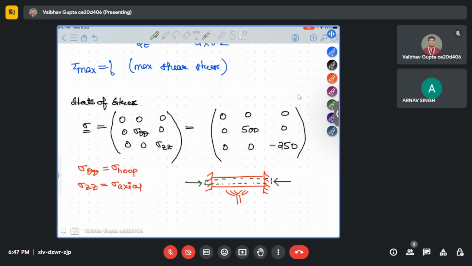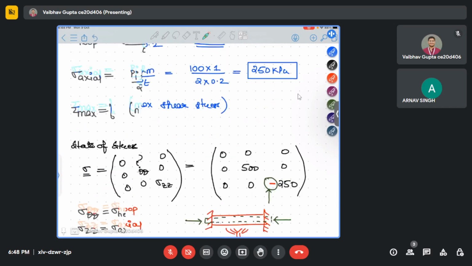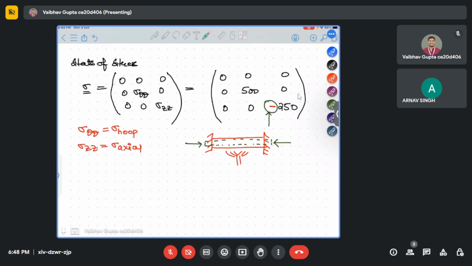So that is what this minus signifies here. This is important because it is said in the question itself. That's why I always say reading the question is very important. Thin walled tells you which formula to use. Internal pressure Pi is given, and P0 is not given, so P0 is 0.